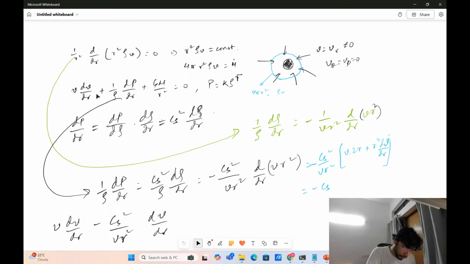Minus cs square. Yeah, I'm wondering if I can simplify this.